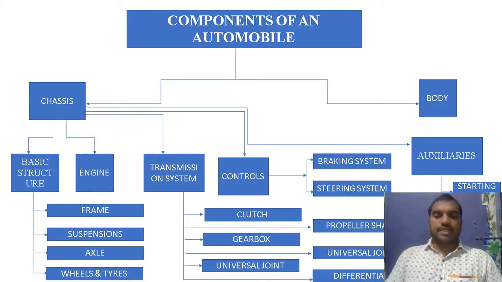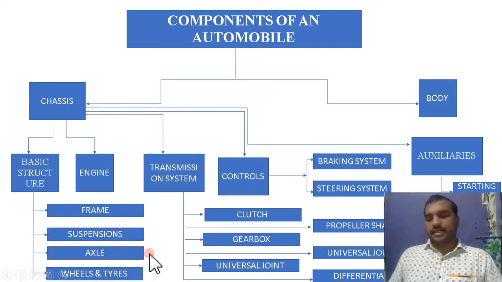Coming to the first part, the basic structure. The basic structure is a combination of four parts: frame, suspension, axle, and wheels and tires.